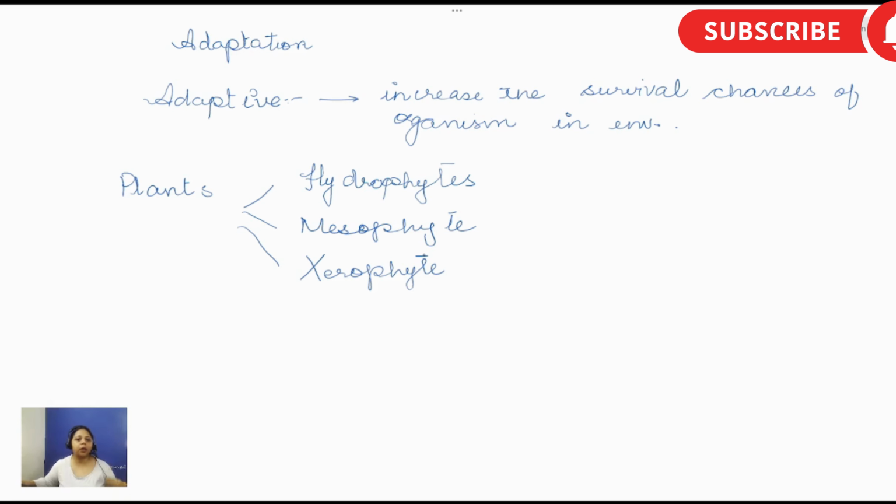Now let's talk about the different adaptations of these three plants. For example, hydrophytes have water available all the time. What are the adaptations of hydrophytes? They have plenty of water available.